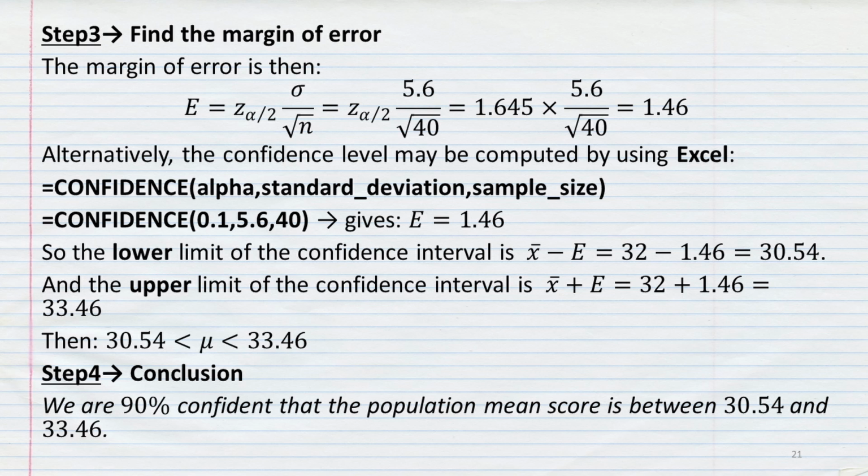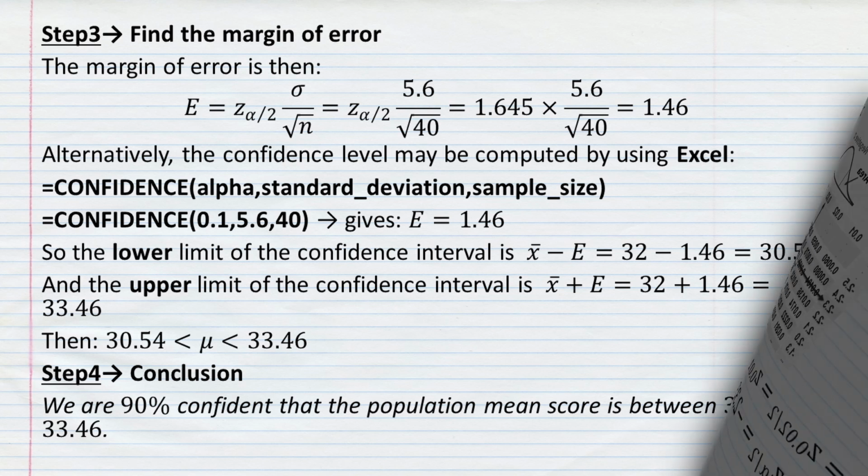Find the margin of error and calculate the lower and upper limits of the confidence interval to find mu between 30.54 and 33.46, as shown in the slide. Finally, Step 4. Make a conclusion. We are 90% confident that the population mean score is between 30.54 and 33.46.